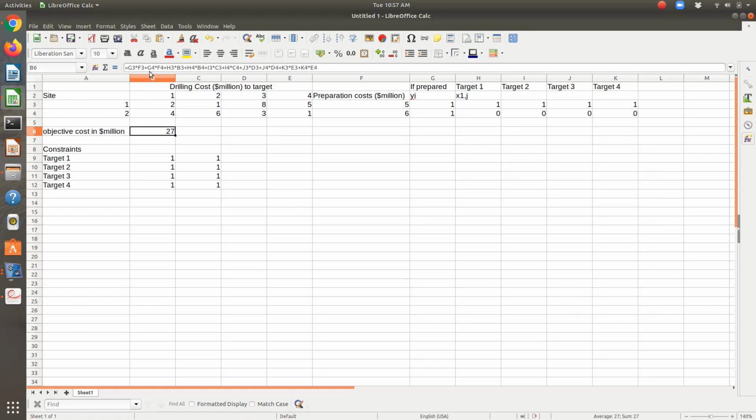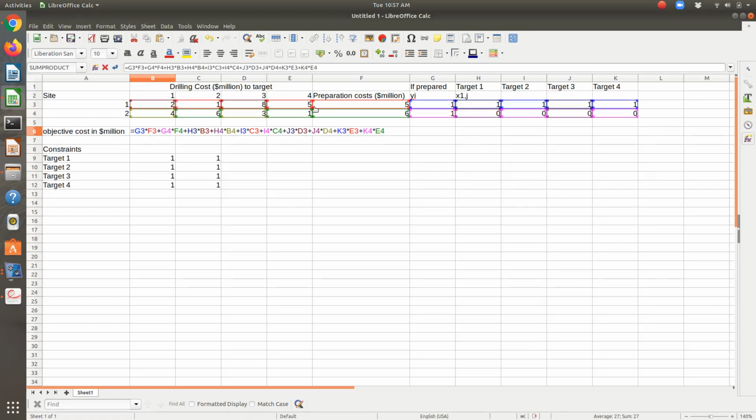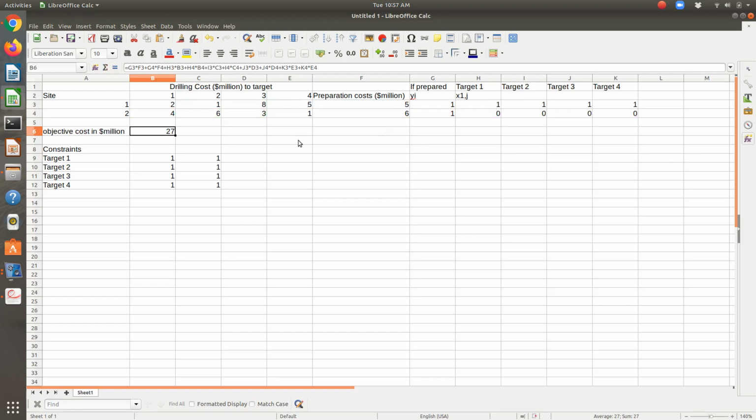So whether or not it's sites prepared times preparation cost, what's my G times F, then whether or not targets prepared times its cost to connect, that should be right. So I'm going to minimize that. Okay, G3 times H3. That should be equal to 1.